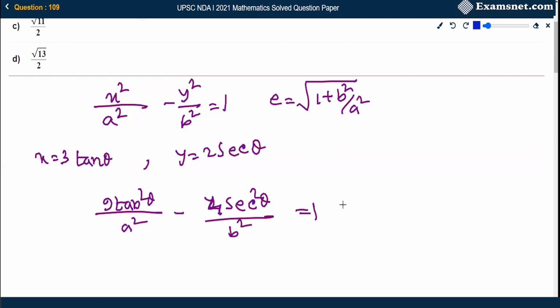Now, if we assume that a square equals 9 and b square equals 4, it will give us the expression tan square theta minus sec square theta equals 1, right?